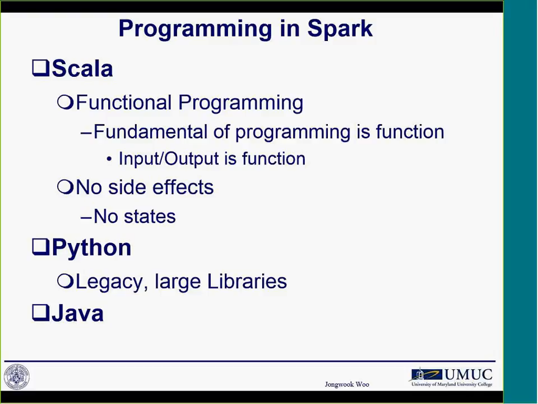And Java is good, but Java is an object-oriented language, and writing Spark code in Java is still kind of complicated. So people normally use Scala or Python. At this moment, it's like 50% to 50% to use either Scala or Python in industry.